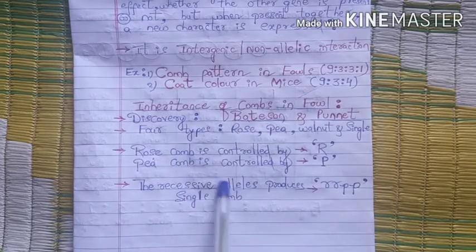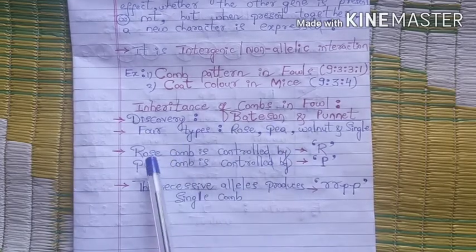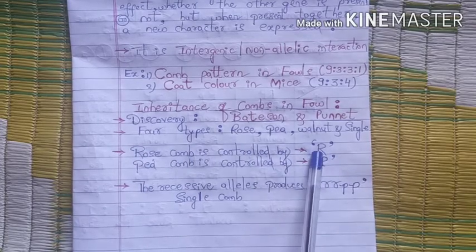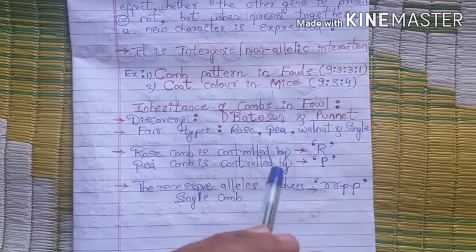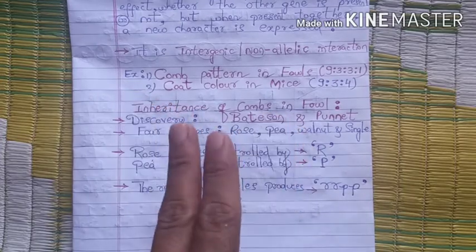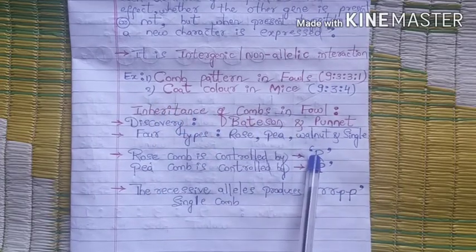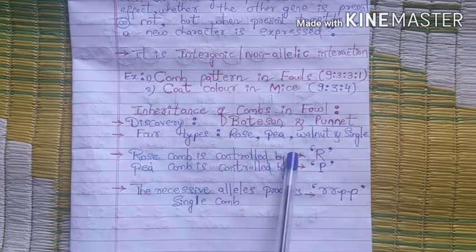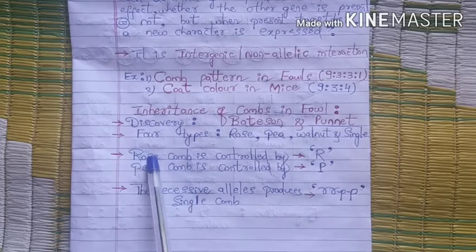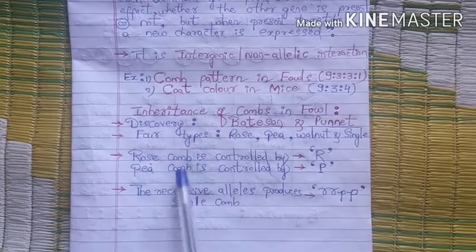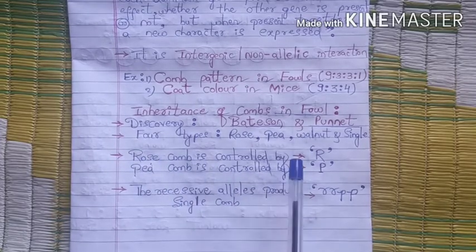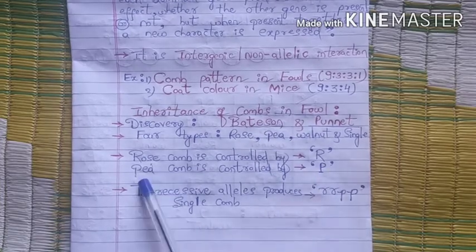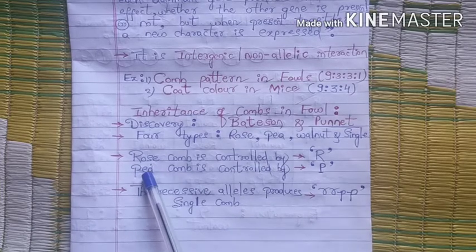Now let us study how this interaction takes place. The rose comb is controlled by the dominant gene R. As I told you in the definition, there are two dominant genes. One dominant gene is capital R, which stands for rose. The pea comb is controlled by another dominant gene, capital P, which stands for pea.